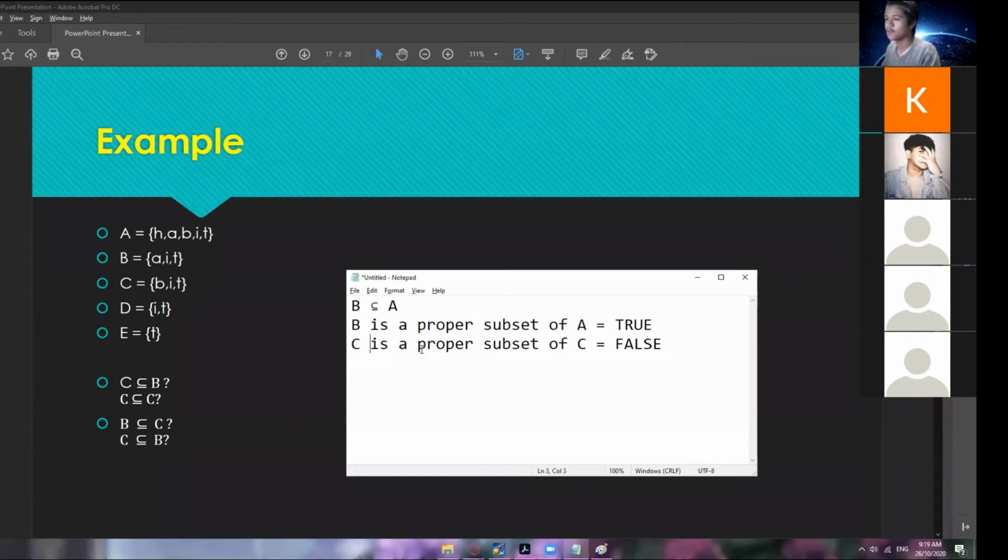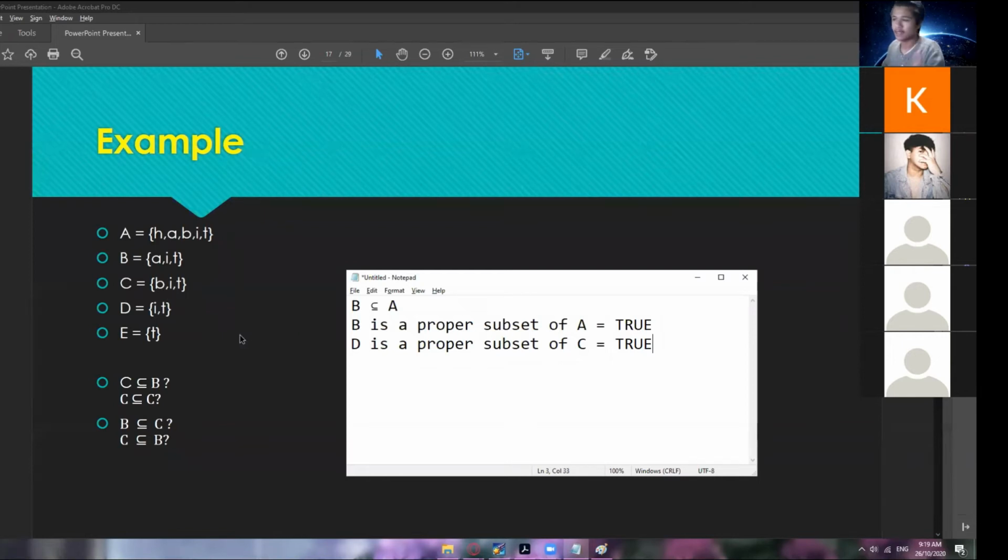Okay? Na kompleto din. So pwedeng ito, D is a proper subset of C, which is already true. Kasi meron tayong I dito sa letter C, meron din tayong T dito sa letter C, pero merong isang wala. Okay? So in other words, dapat mas maraming element yung nasa right side kaysa sa left side.